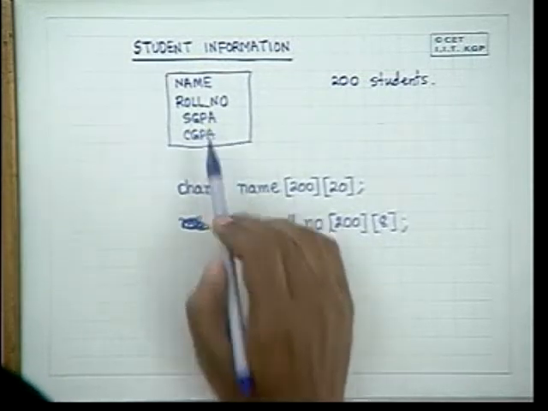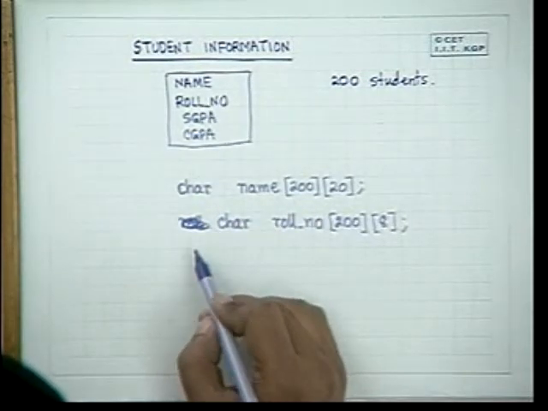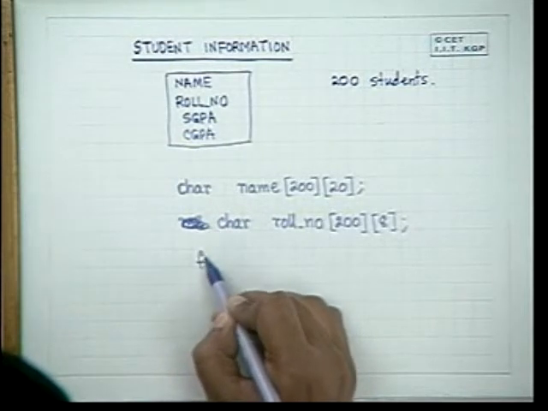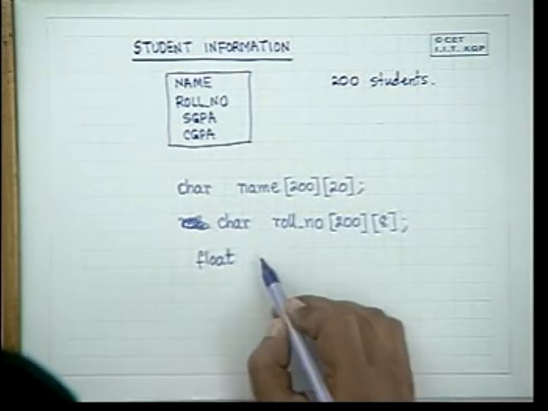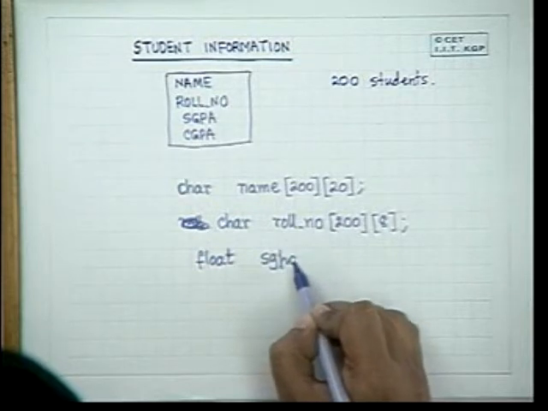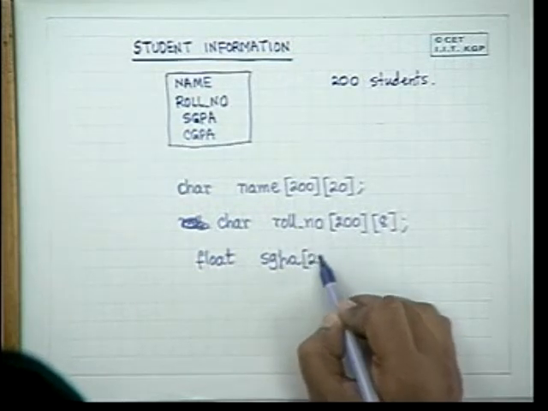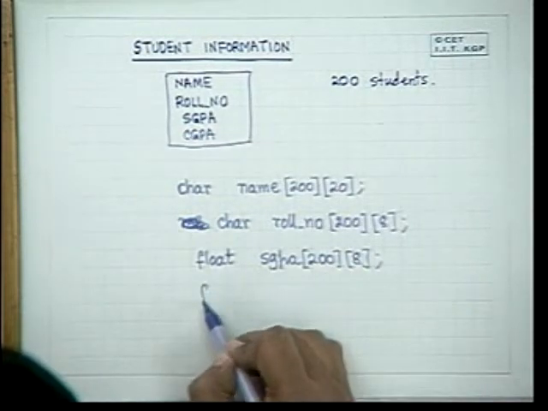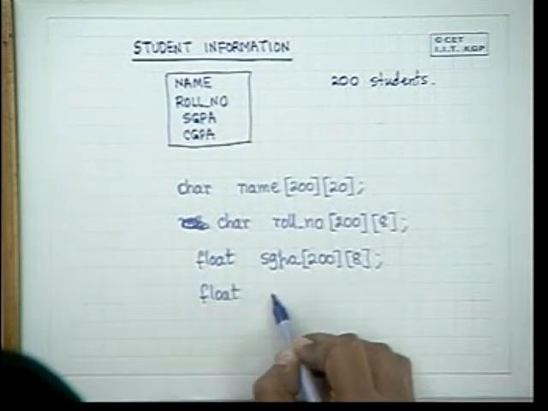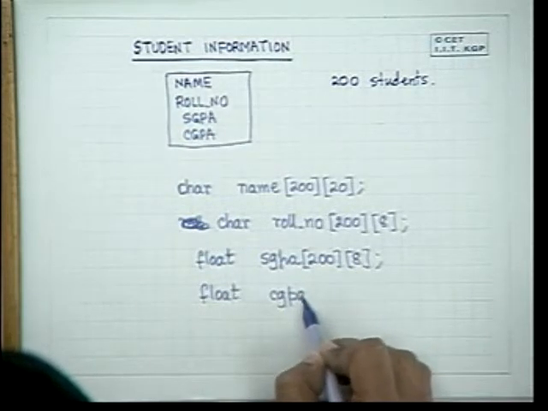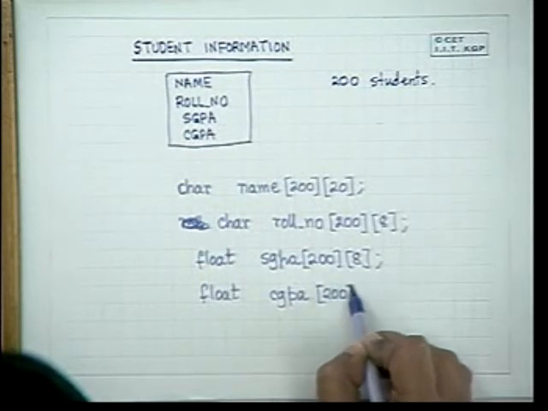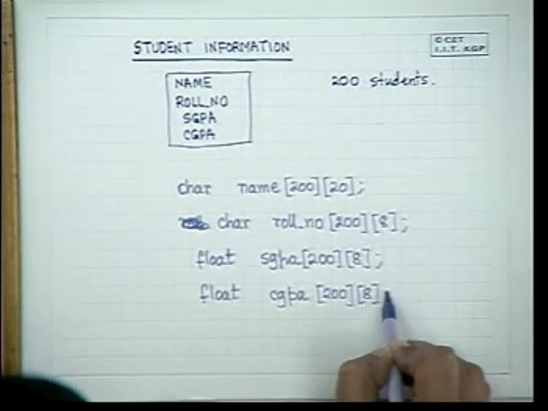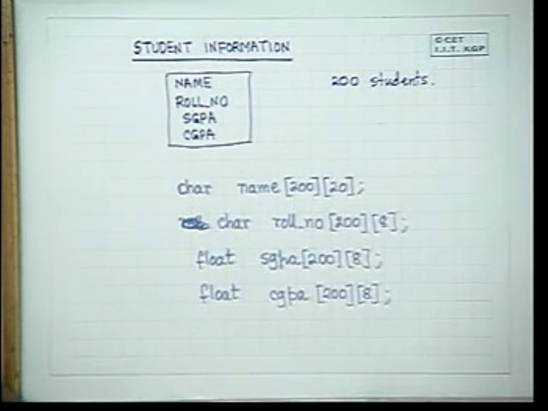Then we would have to define float SGPA 200 by 8 and float CGPA 200 by 8. So this is how we can get 200 students' information and put them together.